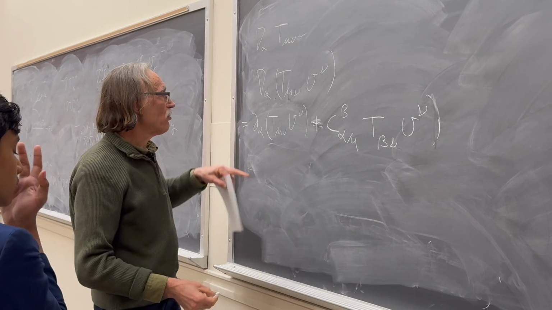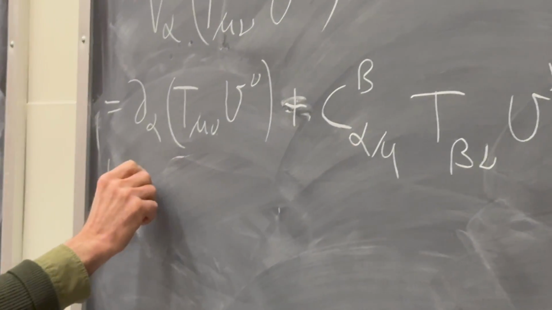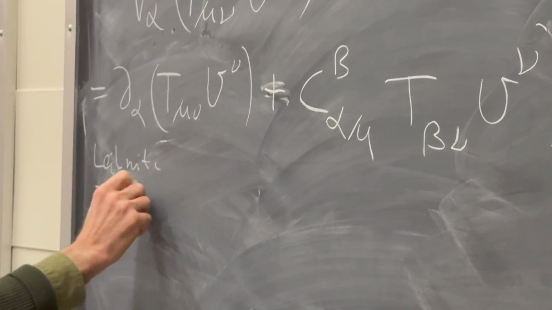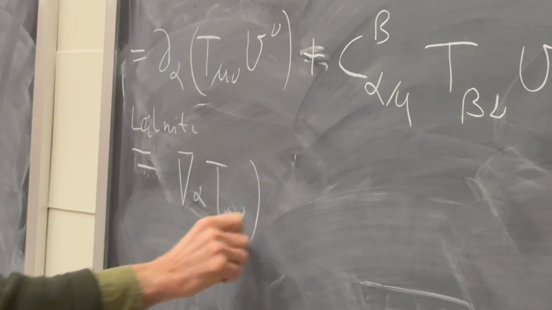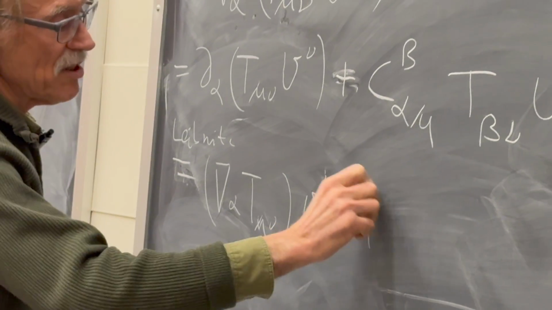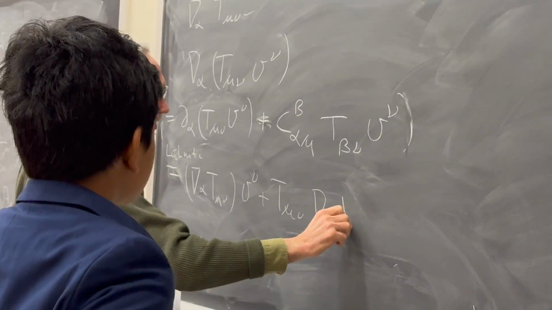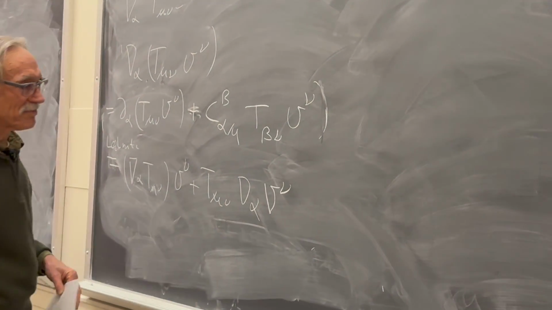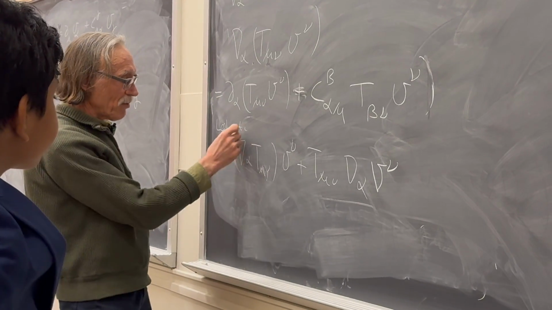But we also know that this satisfies a Leibniz rule. So that is equal to d alpha T mu nu times V nu plus T mu nu times del alpha of V nu. This is what we want to find out.